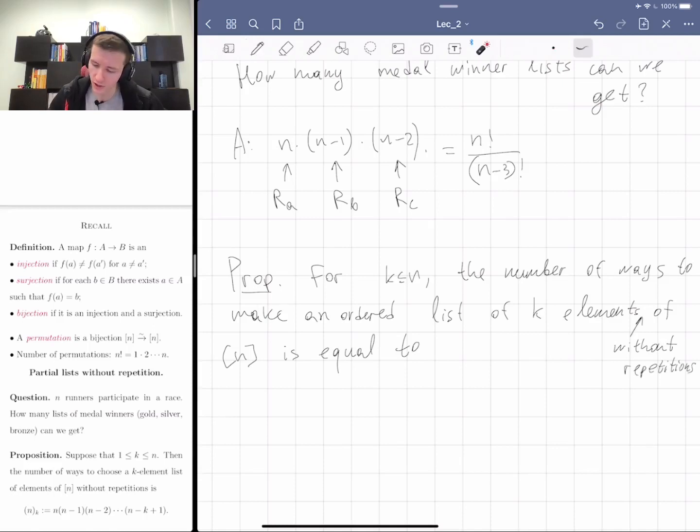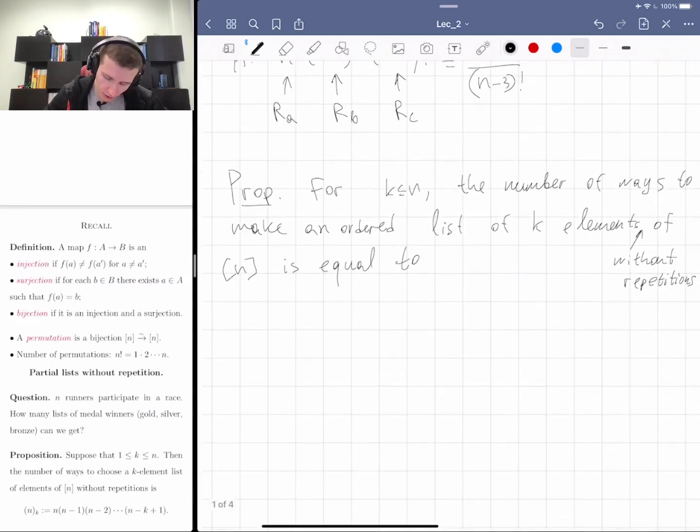So that's the condition that the same person cannot win 2 different medals. And this number of ways is equal to n times n minus 1 times n minus 2, etc., all the way up to n minus k plus 1, which is the same as n factorial divided by n minus k factorial.